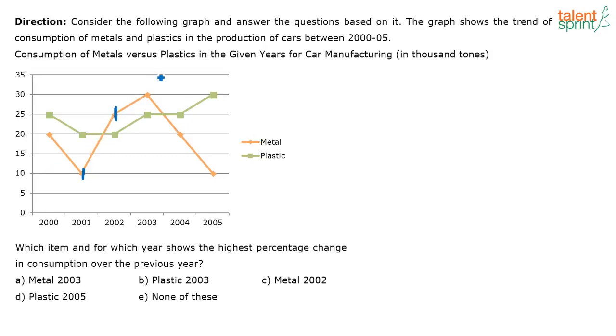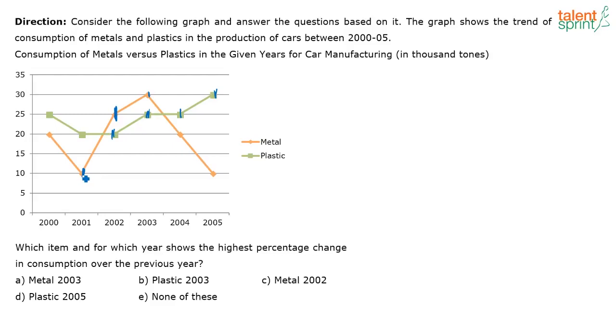And if you look at any other year, okay, here from 25 it is becoming only 30. So that is not doubled, that is less than that. Similarly, the other increase that you see is here is for the plastic, right? Here plastic has increased from again 25 to 30. That's also not doubled. Similarly, here 20 to 25, that's also not doubled.